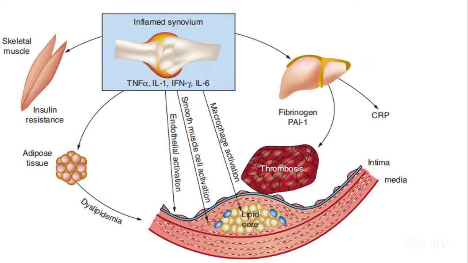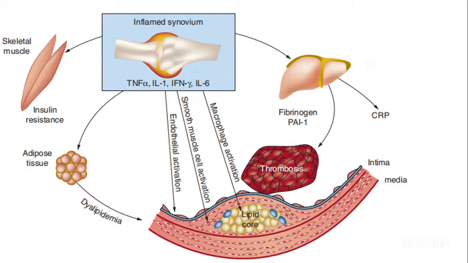So you have the tumor necrosis factor alpha, interleukin-1, interleukin-6. Then you have the helper T cell producing the interferon gamma and interleukin-17, all this, leading to endothelial damage, smooth muscle cell activation, and macrophage activation, so leading to formation of atherosclerotic plaque.